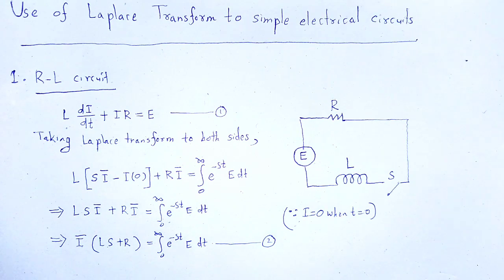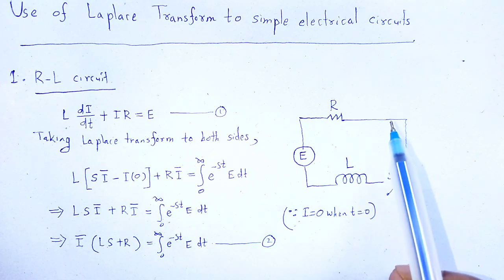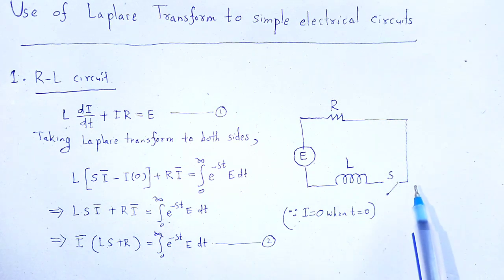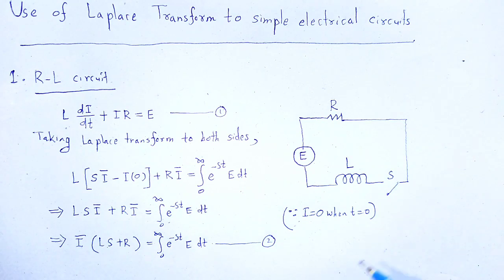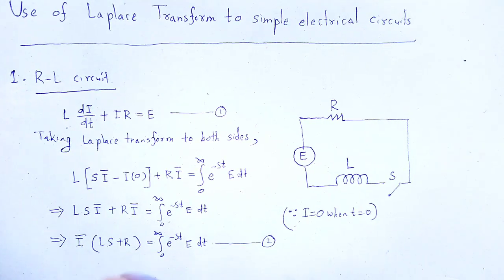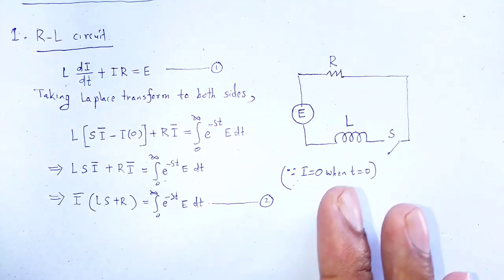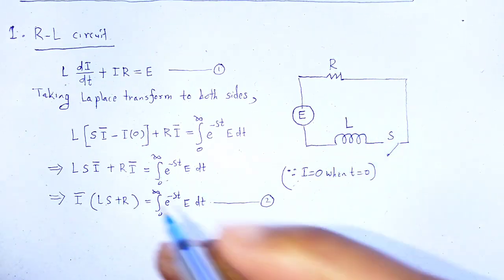There will be a condition. What is the condition? If the switch is disconnected after time t equal to a, what will be the condition applied to the electrical circuit containing R and L?